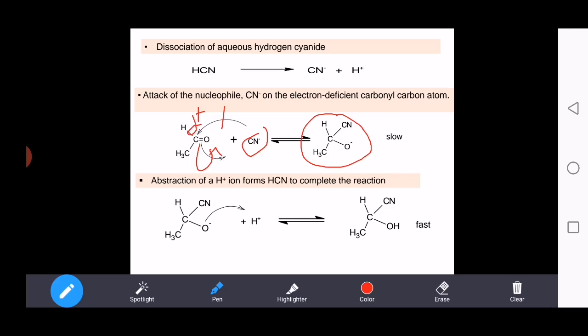Okay, slow step dia berlaku kat sini. And then last, abstraction of hydrogen ion from HCN to complete the reaction. Sekarang ni oksigen ni bercharge negatif. Ni yang ketiga apa yang berlaku ni, oksigen dia akan attack hidrogen. So hidrogen tu dia masuk dalam. So inilah yang dipanggil sebagai cyanohydrin molecule.